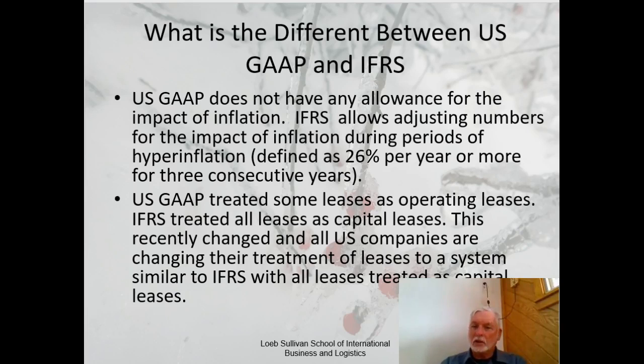US GAAP has treated some leases as operating leases and some as capital leases. IFRS treats all leases as capital leases, and this is one place where convergence just happened. Recently changed. The U.S. companies are changing their treatment of leases to a system very similar to IFRS, where all leases are treated as capital leases.